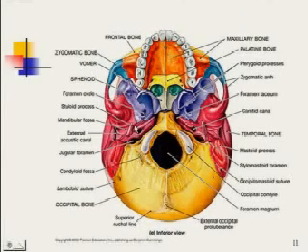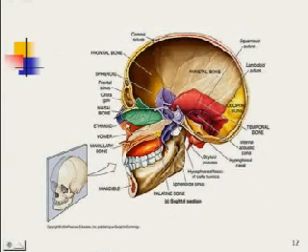These processes will be named throughout your study of the skeletal system. Processes typically are structures that project from the bone, sometimes at a perpendicular angle, sometimes not, but they are projections from the solid body of the bone.